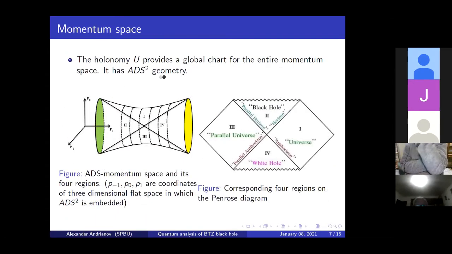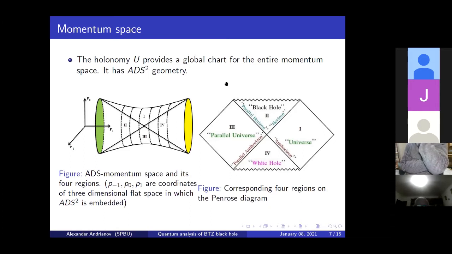This is a picture. If you parameterize it in our way, it provides a global chart for the entire momentum space. In the vicinity of the horizon, in principle, they don't commute.